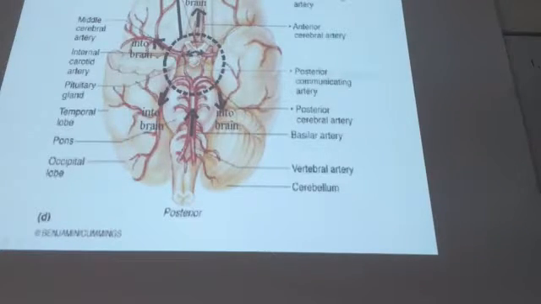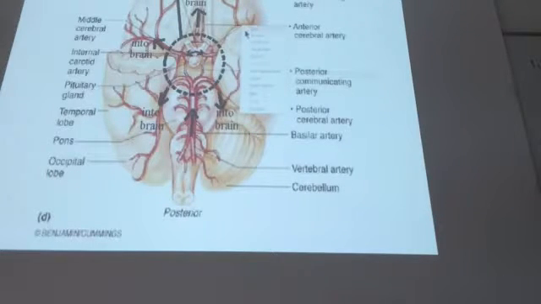From the internal carotid, you also have a branch coming straight out, going anteriorly, and what's that called? Okay, so what's the connecting one right there between the two? And then you'll continue as what 2 arteries? Cerebral.